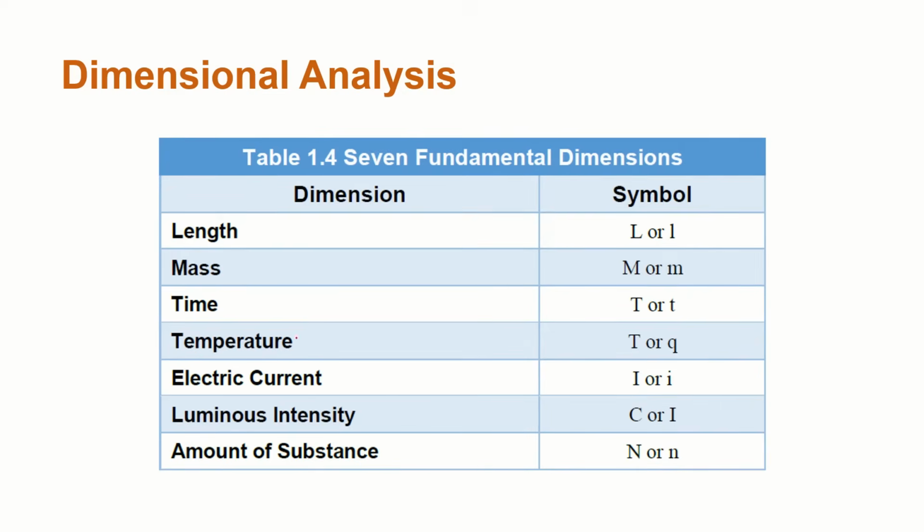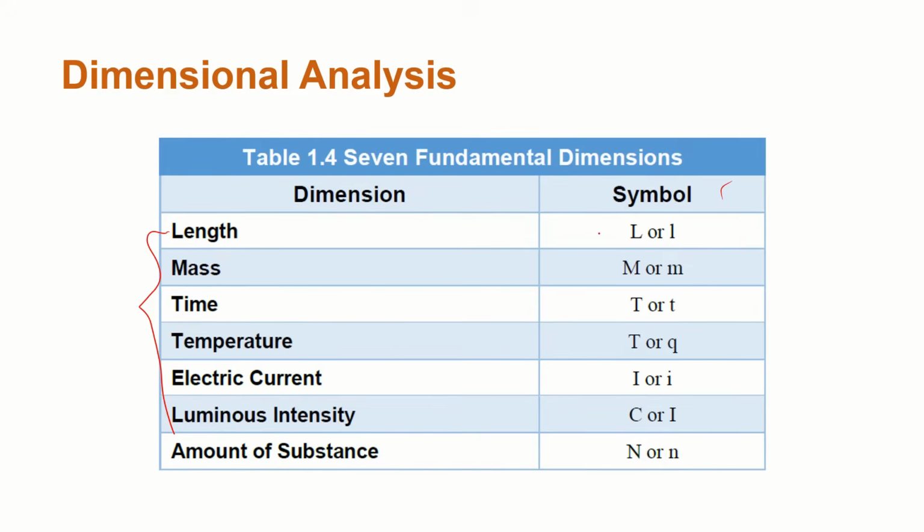So we have here the length, the mass, the time, temperature, electric current, luminous intensity, amount of substance. So kapag nagre-refer tayo sa dimensions, ito yung nakikita natin. Itong 7 dimensions, fundamental dimensions. And these 7 fundamental dimensions are used to describe different physical properties.